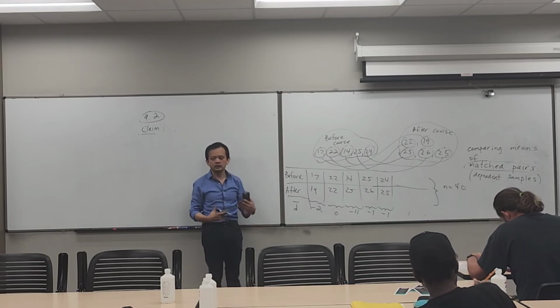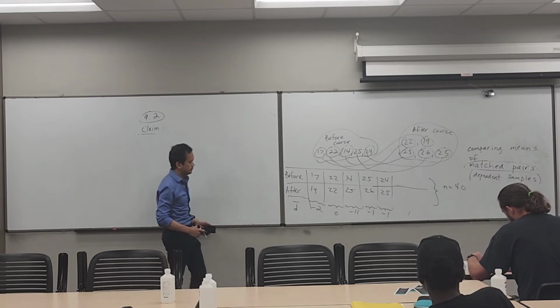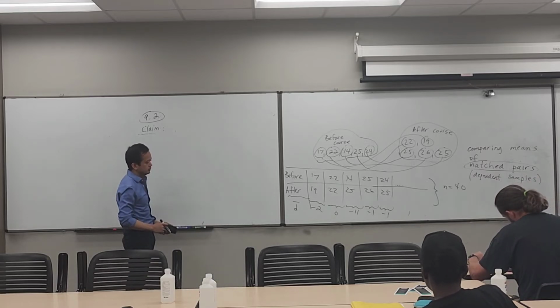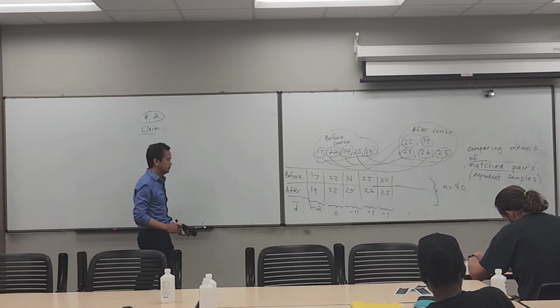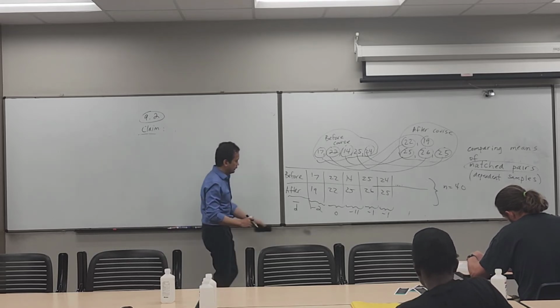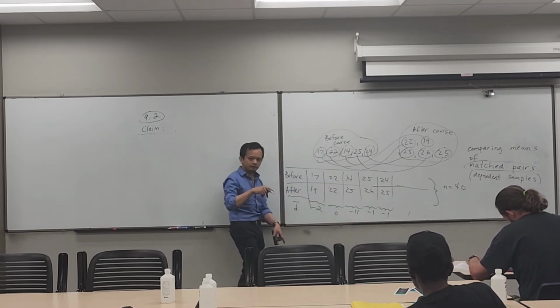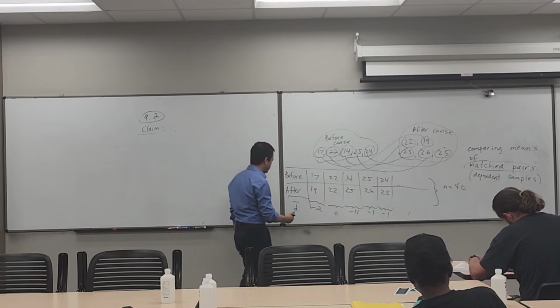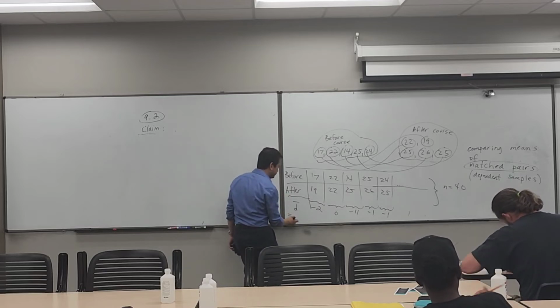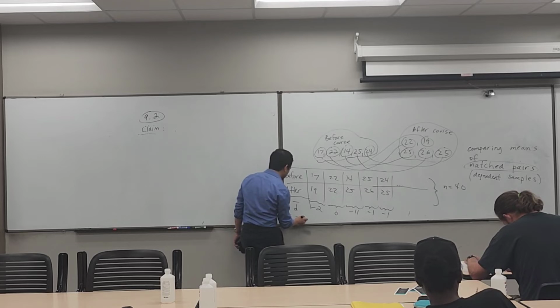D bar will be the mean of the differences. So let's say we have these 40 differences that we punch in our calculator, add them all up, divide by 40, and let's say the calculator tells you that it's -2.